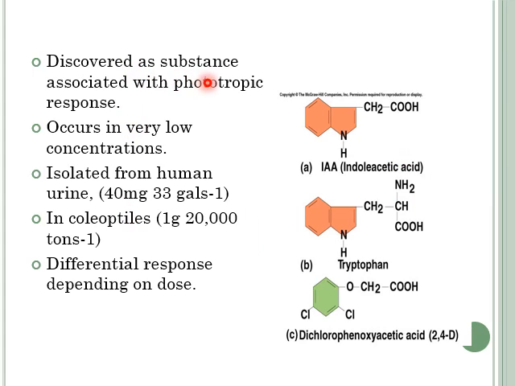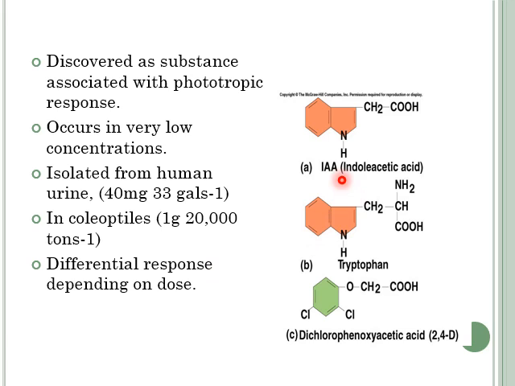Discovered as a substance associated with the phototropic response, meaning when the plant is responding towards the light, it occurs in very low concentration, isolated from human urine, in coleoptile, that is the tip of the monocot stem, with differential response depending upon the dose.